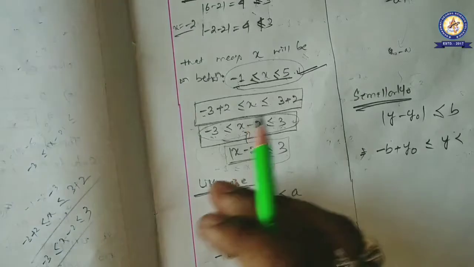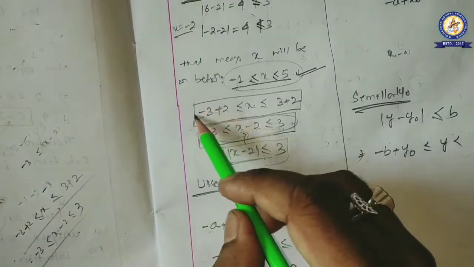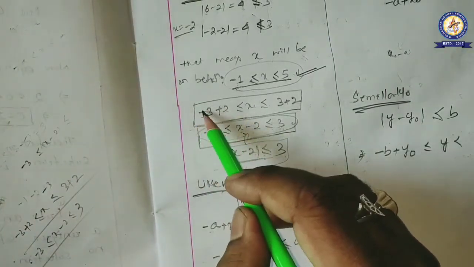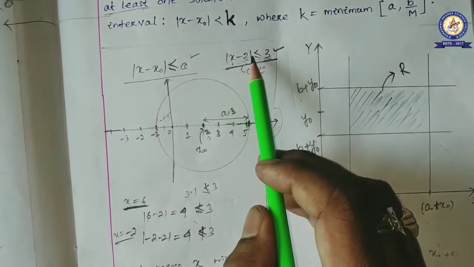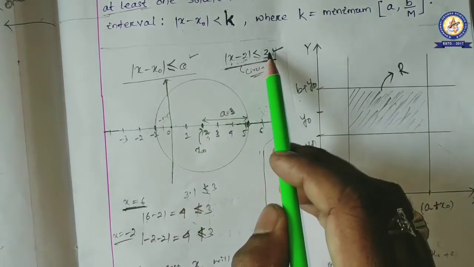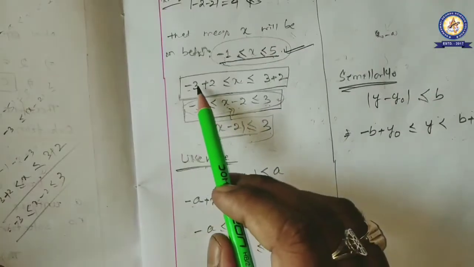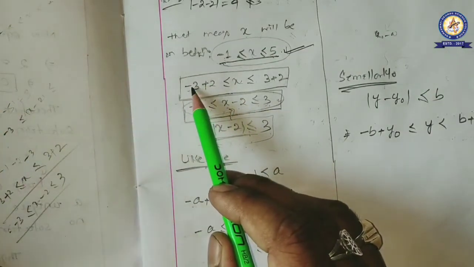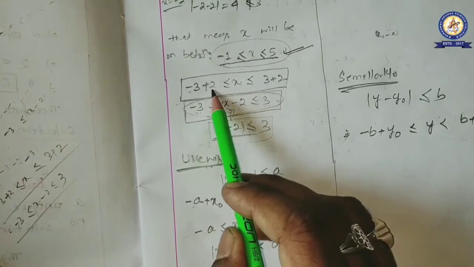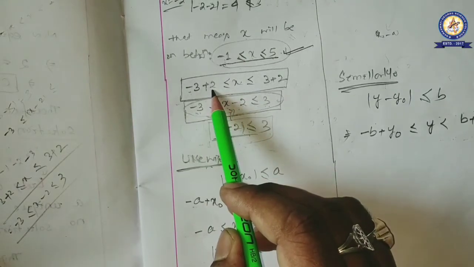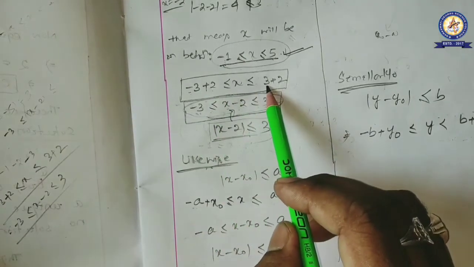So here you can see that this value is nothing but a. If I compare this equation, 3 is nothing but a, and x0 is nothing but 2. So here instead of minus 3 we can write minus a. Here 2 can be written as x0, and this will be written as a.